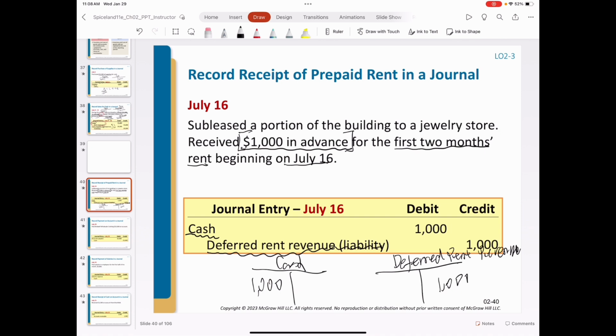Debit cash $1,000, credit deferred rent revenue $1,000. We can also call deferred rent revenue unearned rent revenue. The impact on the accounting equation: assets increase while liability also increases.